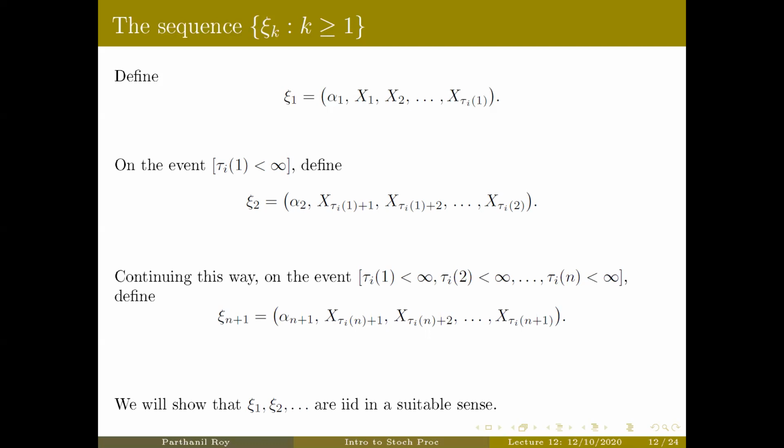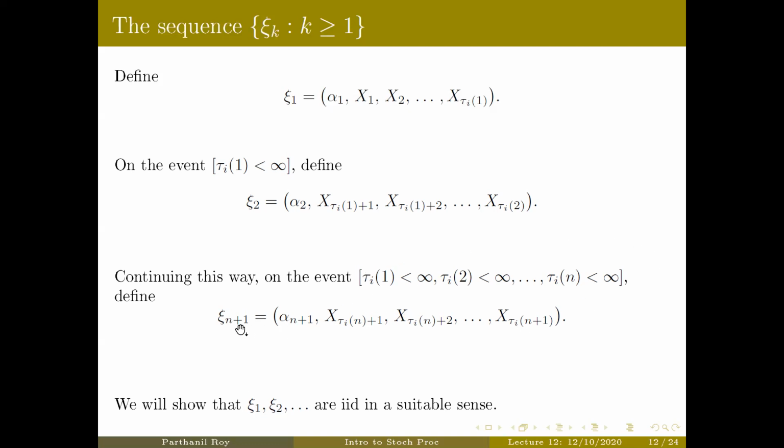So in other words, these random variables, which give the length of the excursion followed by the excursion, are IID in some suitable sense. Now, of course, what do I mean by suitable sense? That has to be made precise. In particular, you see this sequence is not even always well defined.